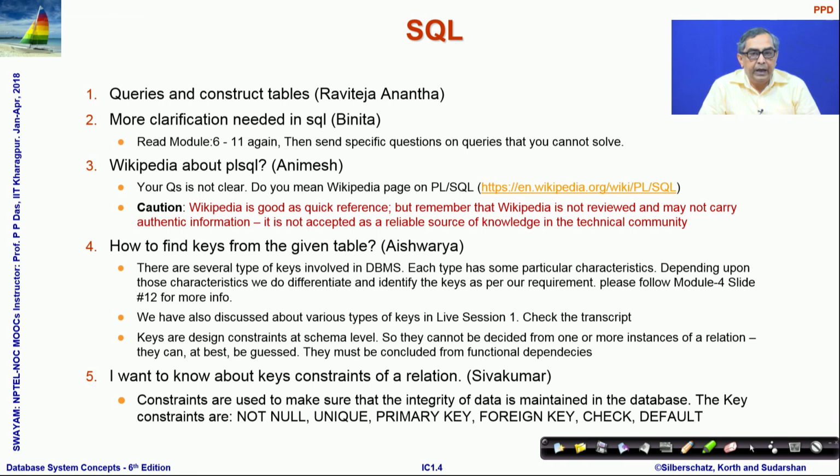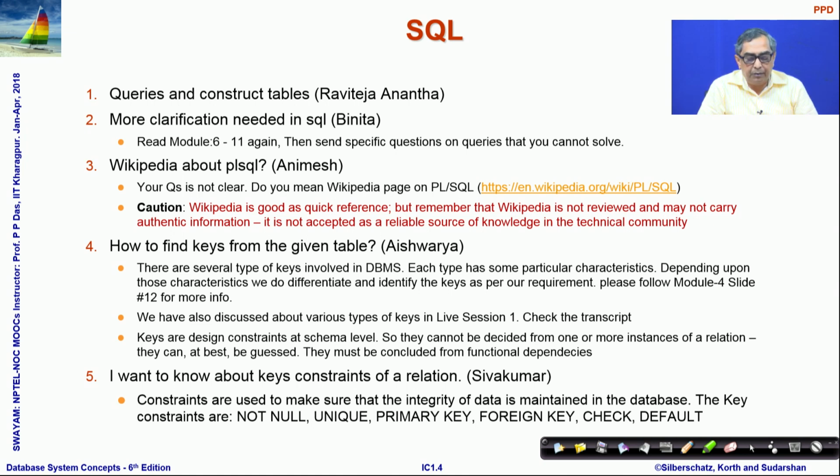So, it is possible that you might be looking at a particular instance of a table where you see a certain condition being satisfied between two or more tuples. You can make some guesses from that, but that may not be strong enough to be the real reason or basis for deciding what is a key and what is not a key.